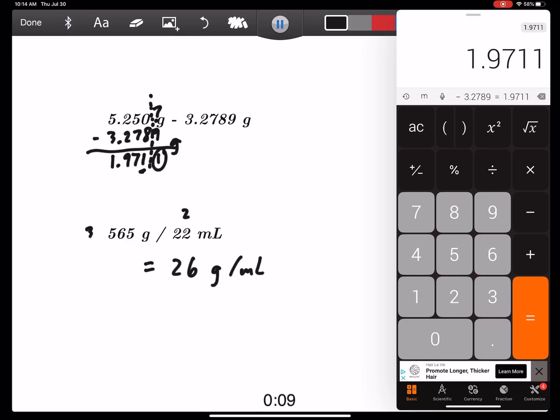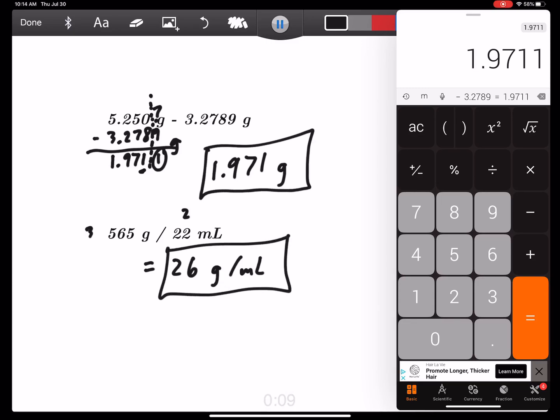Now, if, however, it had been a 5 or above, I would still round up the number in front of it. But because it's a 1, I round that down, and the answer becomes 1.971 grams. Okay, and so those are how you do these types of problems.